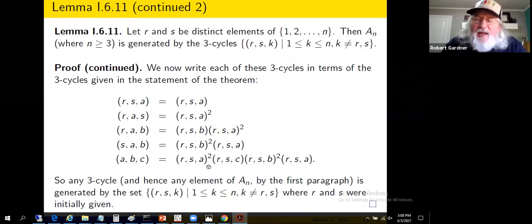Let's maybe check the last one since it looks like the most difficult one. Third type was (R A B). We can write that as (R S B) times (R S A) squared.